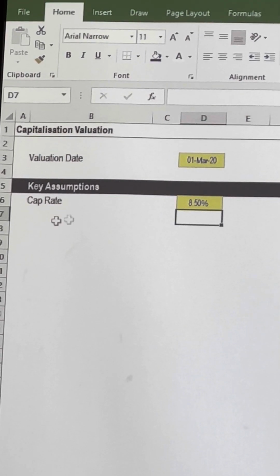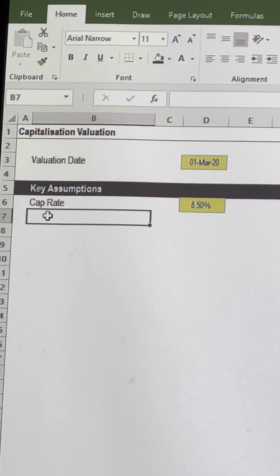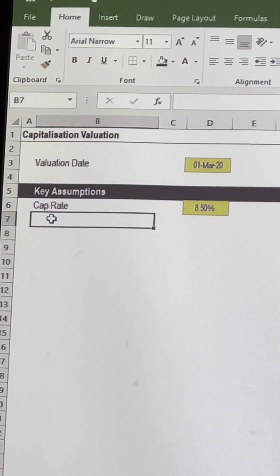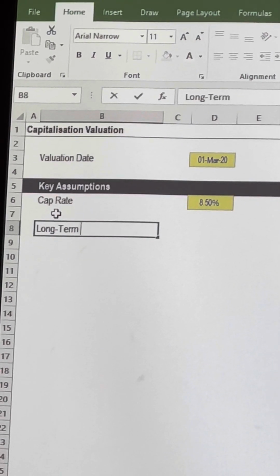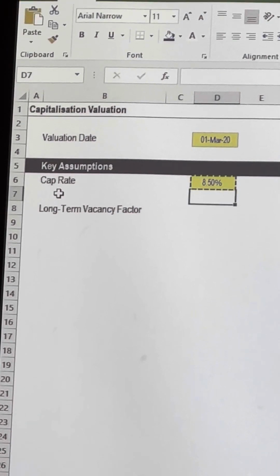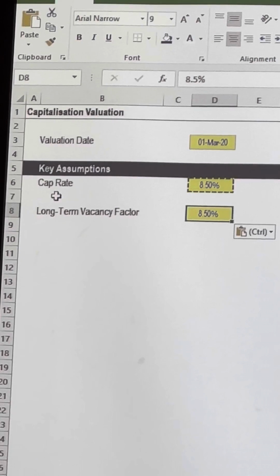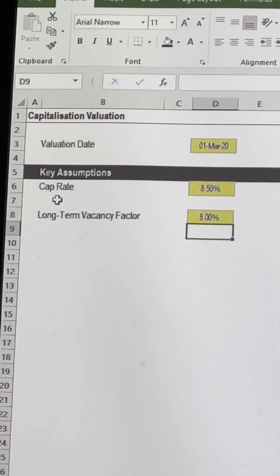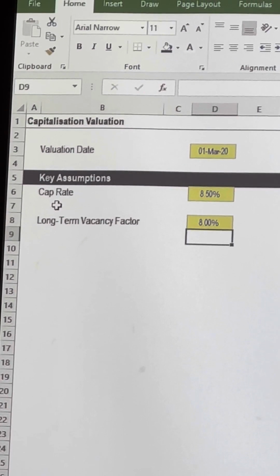Yep. And what's that? And 8%. Anything else?